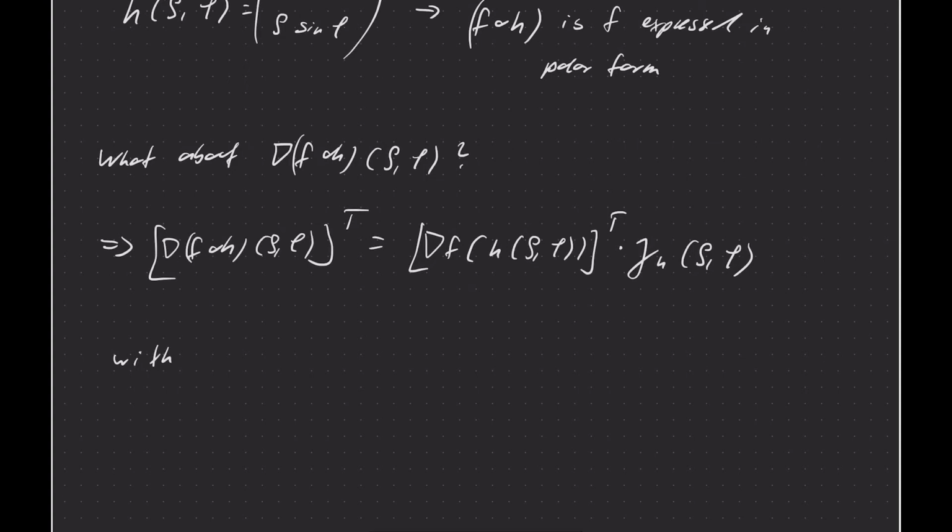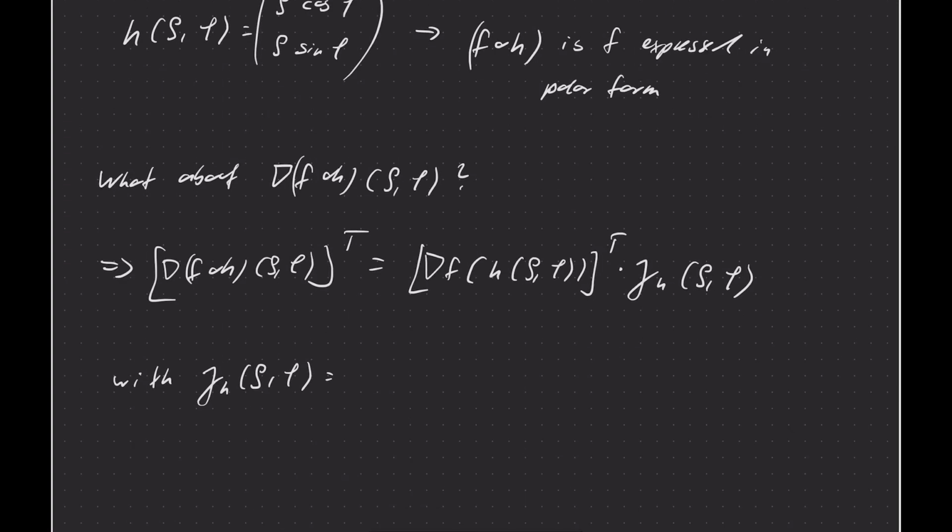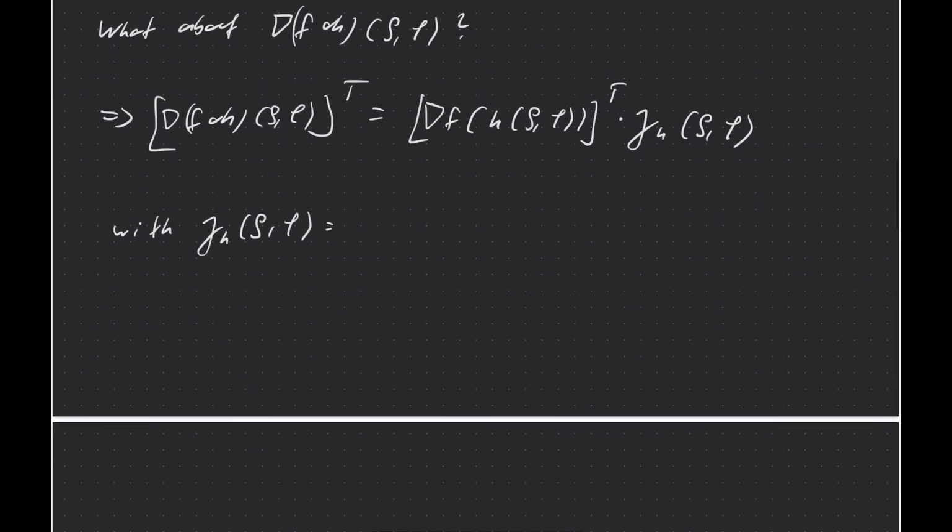And that Jacobi matrix of h, we can compute that easily. Remember, here is h, so that's rho cosine of phi, rho sine of phi. So let's start with the first, rho cosine of phi. If we differentiate that by rho, then we get cosine of phi.